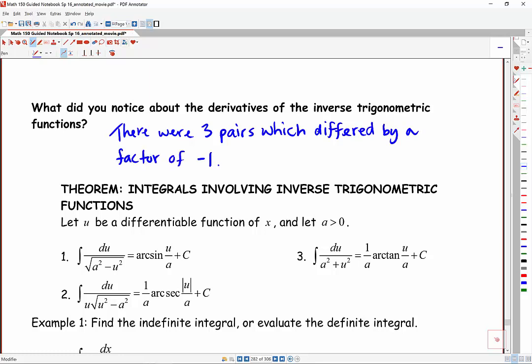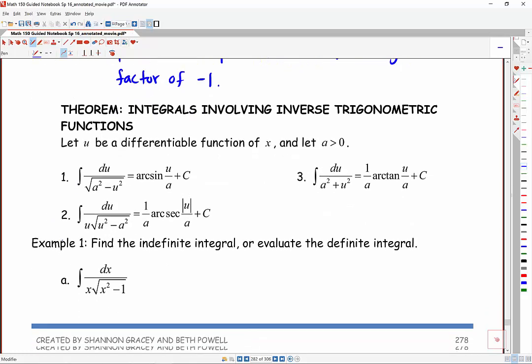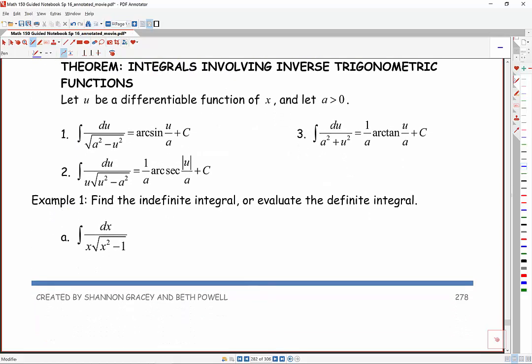So the beauty of this is that with our integrals that result in an inverse trig function, we just use one of each of those pairs to give us just 3 formulas, okay?